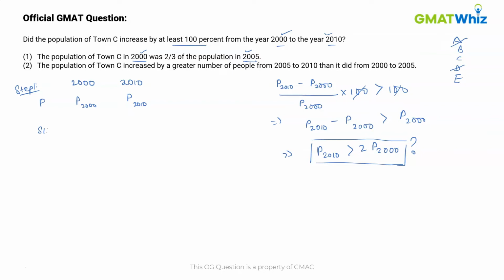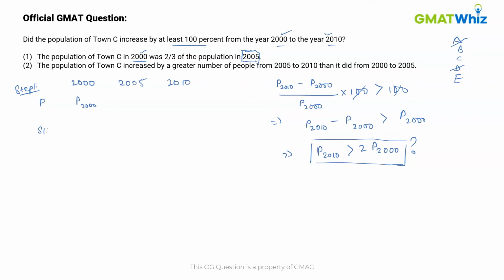But if we had to calculate, we would calculate it like this. So the population in the year 2000 was equal to 2/3 the population in 2005. Now we can write this as P of 2005 will be equal to 3/2 times P of 2000. Now we also have to introduce a new entity here, which is the year 2005. So let's introduce this new entity, which is 2005, and the year 2010.